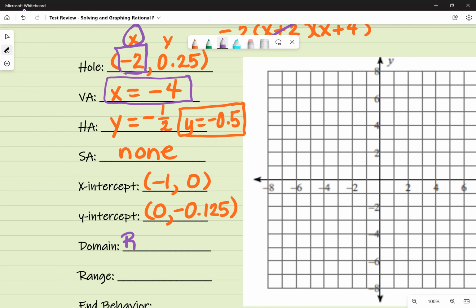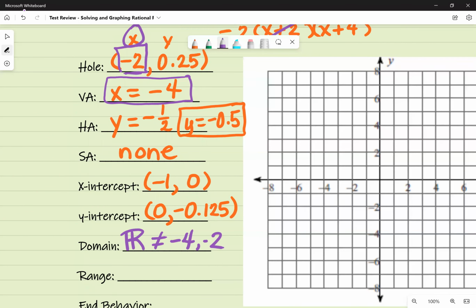So it's going to be all real numbers, which is identified with that double-struck R. Okay, let me try that again. So it looks like this. That's another way of saying all real numbers except those two numbers that I just put a rectangle around, -2 and -4. Those are the two areas that you can't use. Let's put it in order also. So from left to right, it's going to be -4, -2.